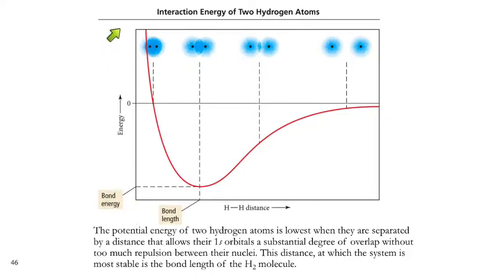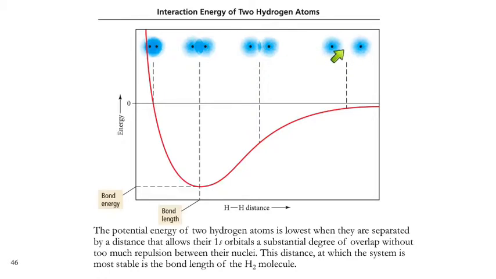High energy is at the top and low energy is at the bottom. If you look at this red line as a hill and think of rolling a ball, where would the ball end up? It would end up at the bottom, at the lowest energy point. That's what's going to happen with these atoms too.